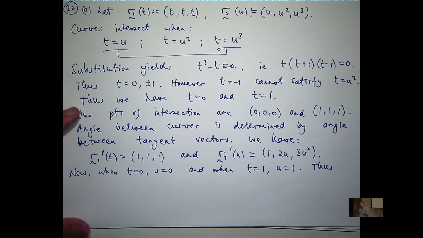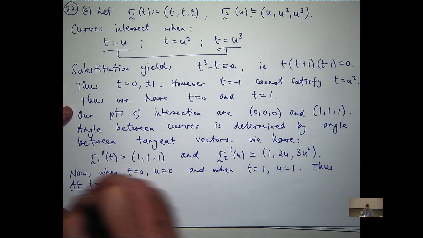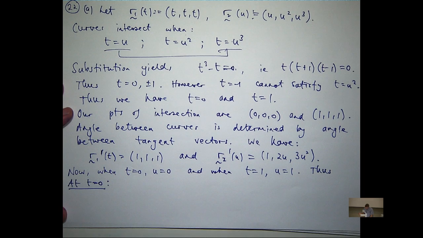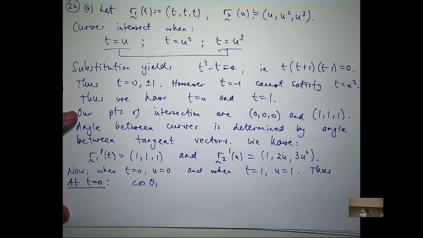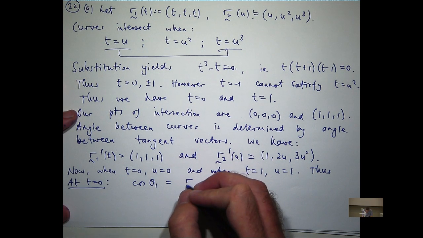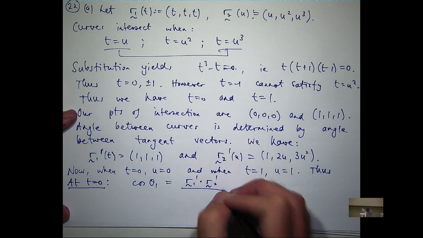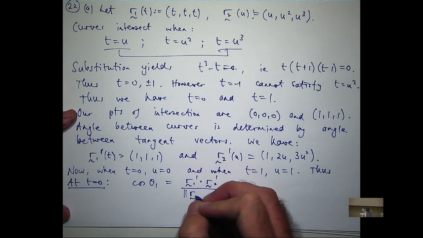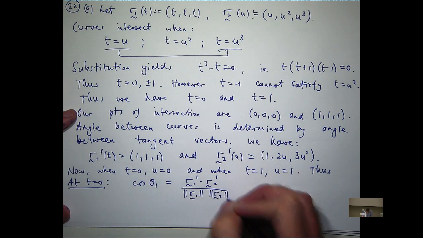So let's work out our angle. For this case, let θ1 be the angle. We know that it's calculated from the dot product divided by the product of the magnitudes.